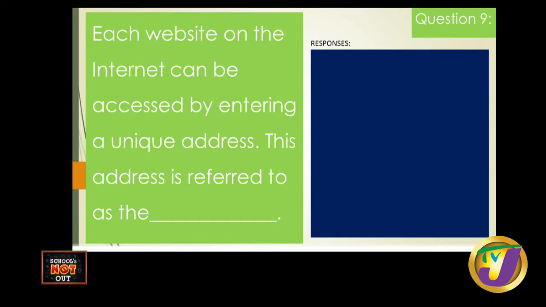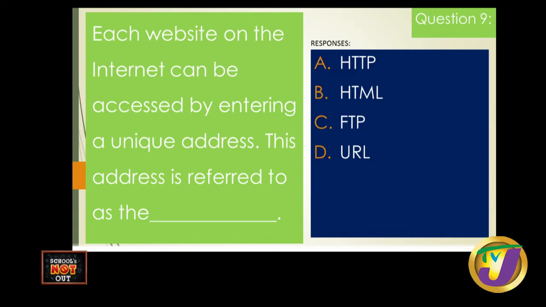Question 9. Each website on the internet can be accessed by entering a unique address. This address is referred to as, and we did all of this last week, so you should remember, A. HTTP, B. HTML, C. FTP, D. URL.